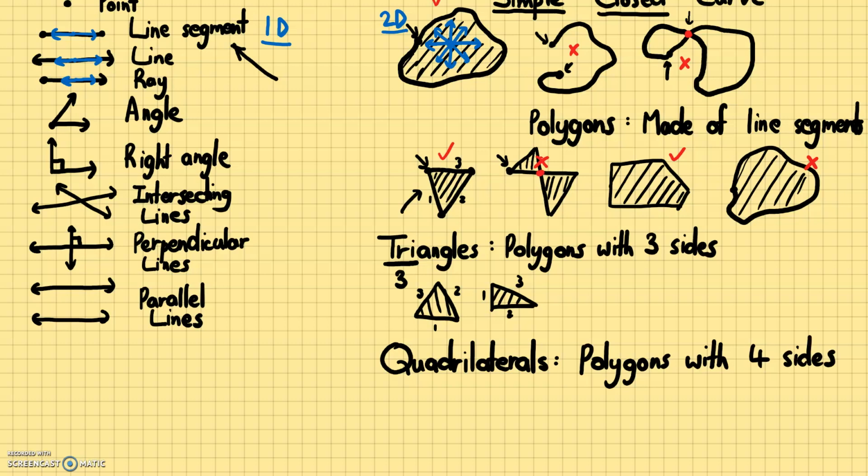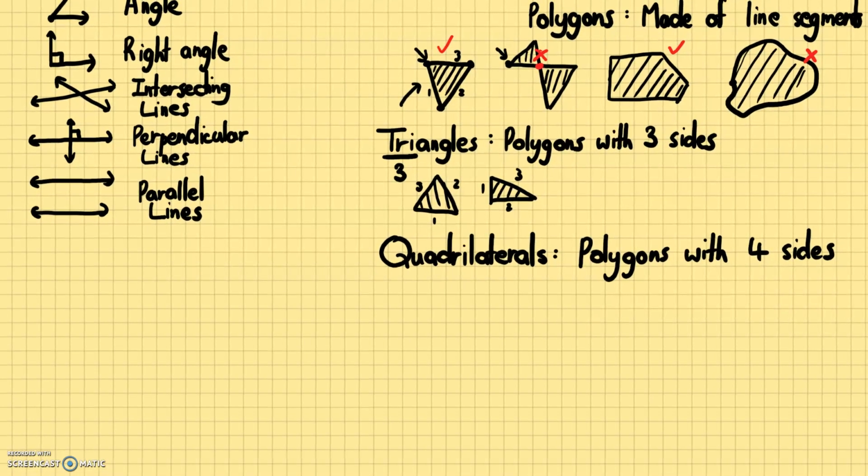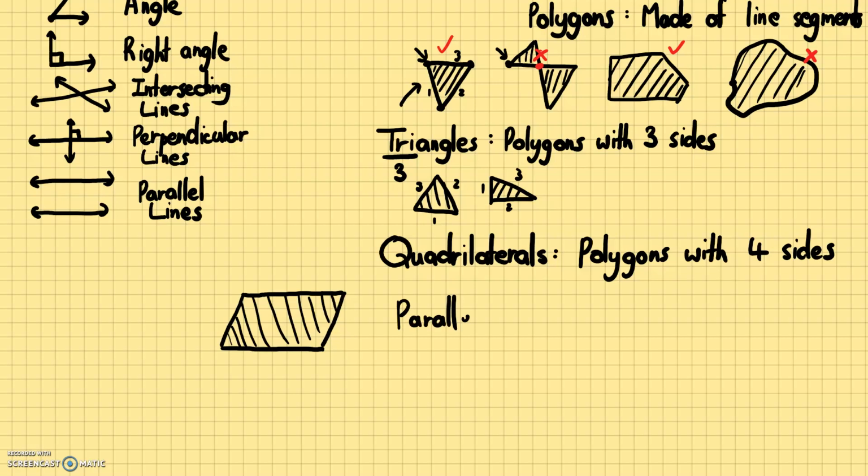Now, even though you haven't heard of the word quadrilaterals before, I'm sure you've seen some types of quadrilaterals. So beginning with what's called a parallelogram. This is a parallelogram.